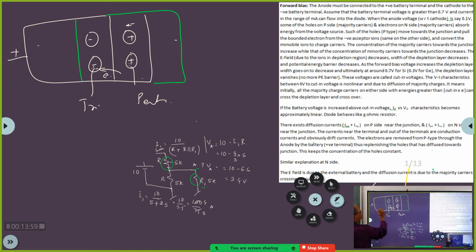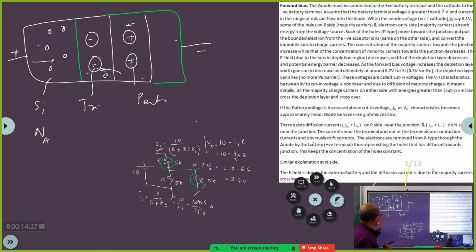Now, when you make this more positive than this, what happens to the holes? There are other holes here, correct? Holes belonging to the semiconductor, and also holes belonging to the dopant that we have used. Now these holes, because of this plus charge, will be pushed towards the junction.